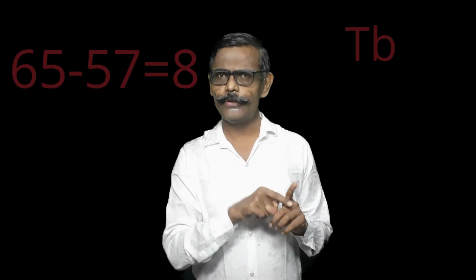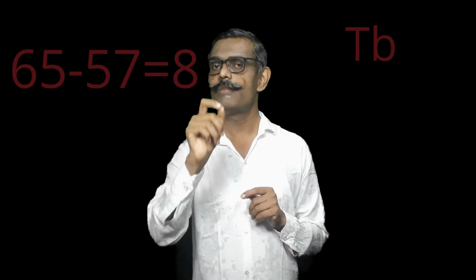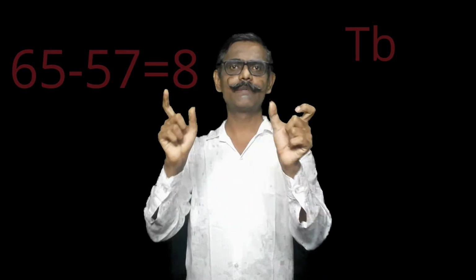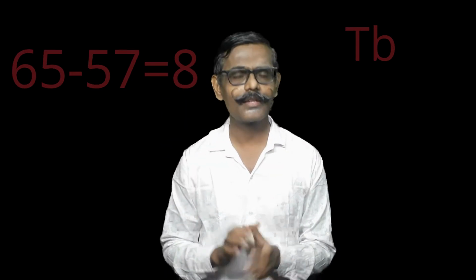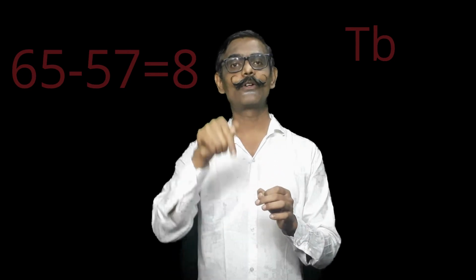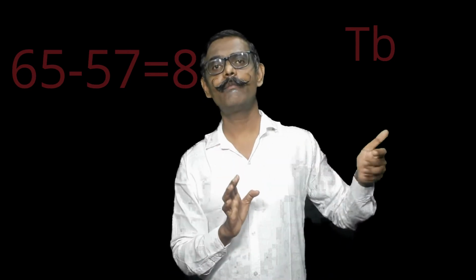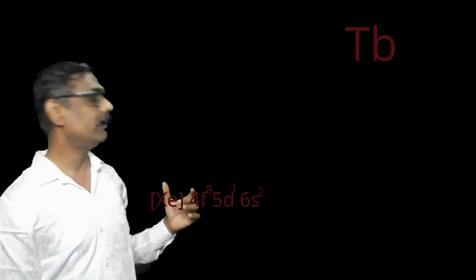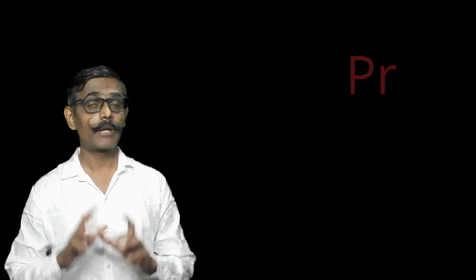So 65 minus 57, what is the answer? 8. Those electrons will be in the f orbital, remaining in 5d and 6s. What is the electronic configuration of terbium? Xenon 4f8 5d1 6s2.